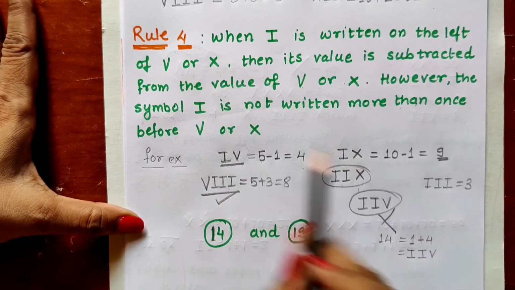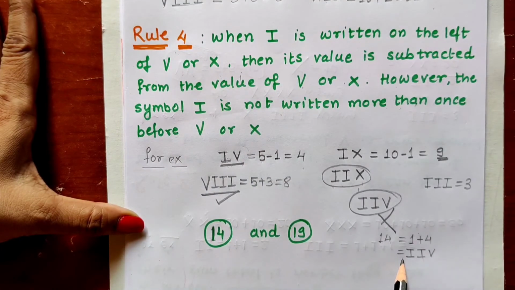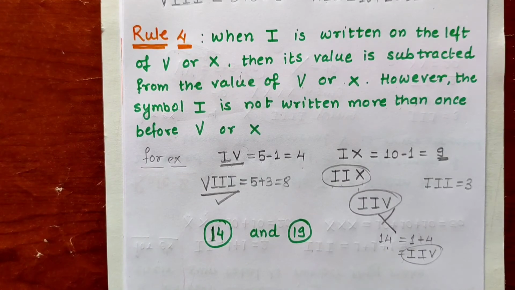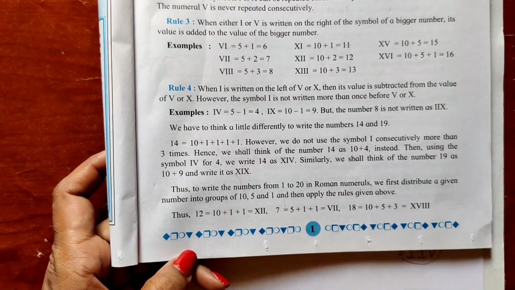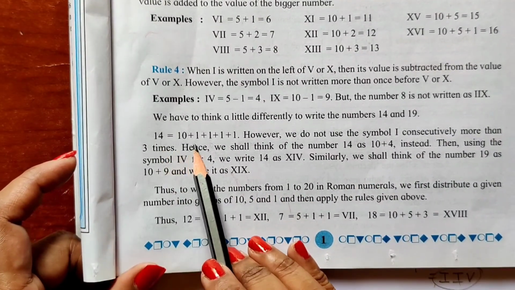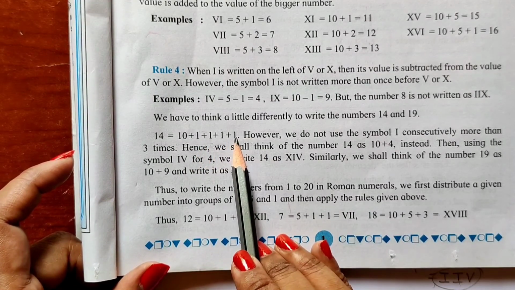But what have we seen in this rule? We have seen that the I should not be written 2 times before V. So this is wrong. So for writing 14 and 19, we have to think differently. How can we think? See here. In the textbook, it is given. 14 is equal to 10 plus 1 plus 1 plus 1 plus 1.